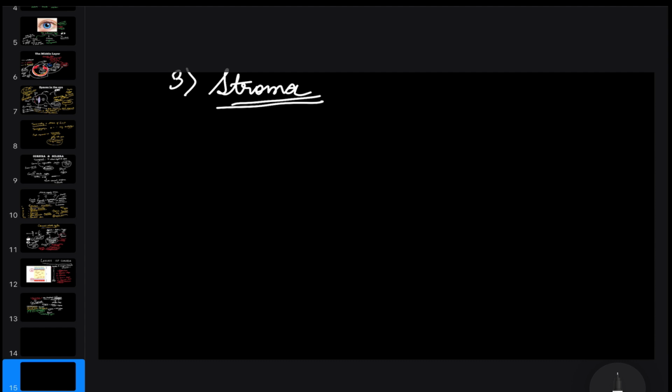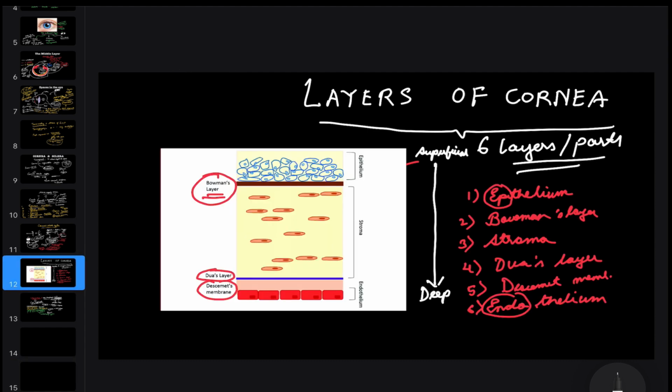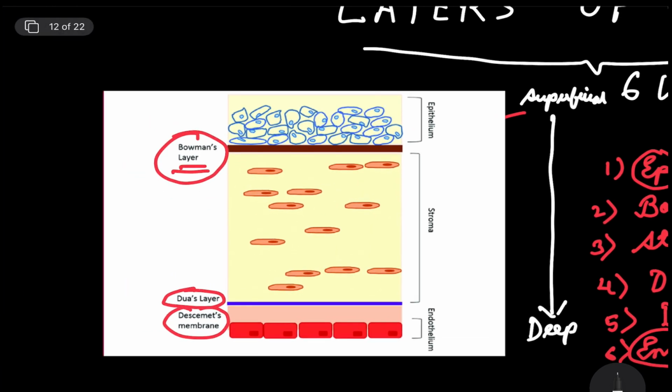Many structures in our body have a stroma. Many tissues have stroma, right? So stroma is basically the groundwork that holds all the layers together. If I go back to this picture over here, you can see that the stroma is the biggest, the thickest, the deepest layer. Basically stroma is 90% of the total corneal thickness.